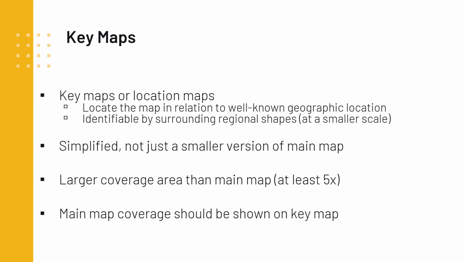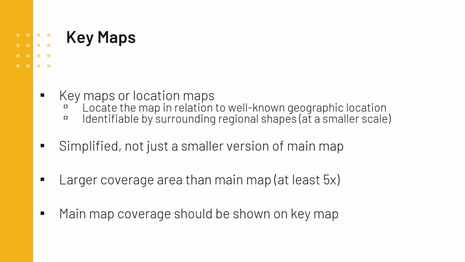In our case, we may show a key map, if we were going to do one, of where Victoria is in British Columbia. Or if your audience wasn't even familiar with that, you could put it on a map of Canada, for instance. It should cover a much larger area than our main map, a minimum of 5 times the area of what you're looking at on your main map.